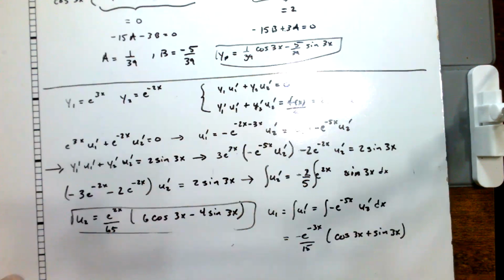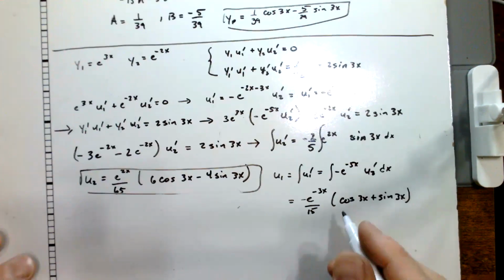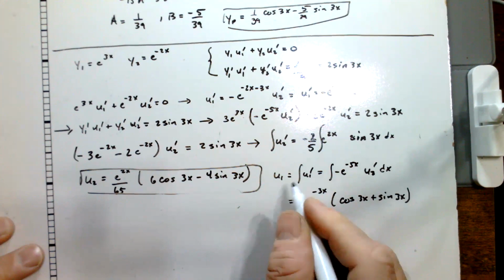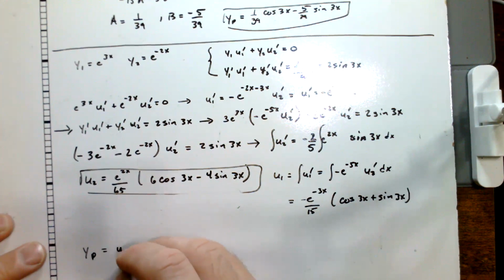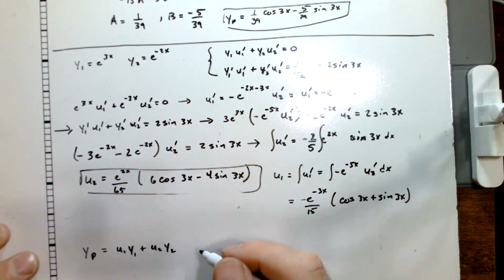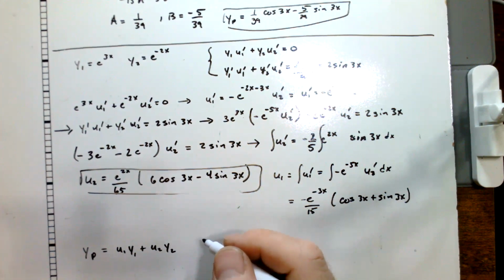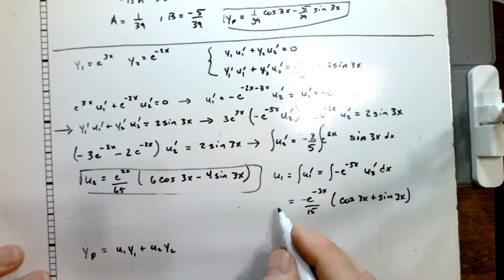Okay, and now that I have that all figured out, I have u1 and I have u2. And so remember, our particular solution, yp, is of the form u1 y1 plus u2 y2. That is actually pretty nice because we know what each of these are.